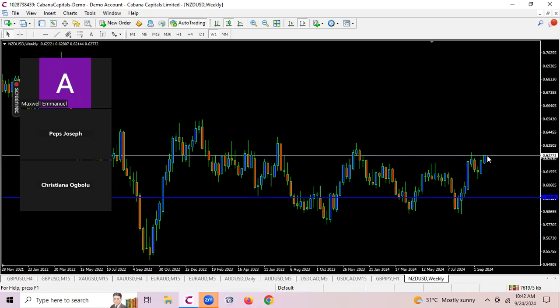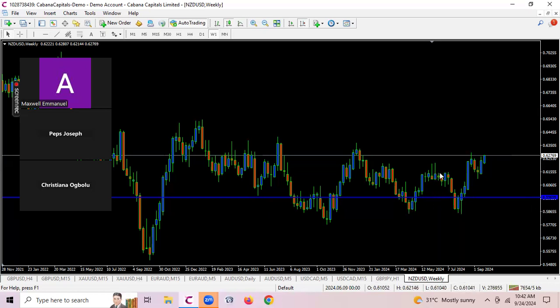But you see this week where it looks like a curve, around the middle, there are those two candlesticks, a bearish and a bullish.